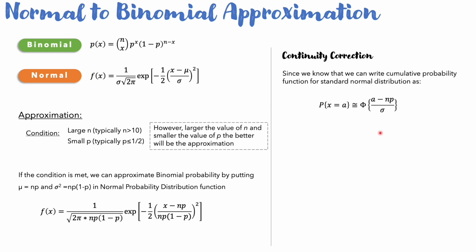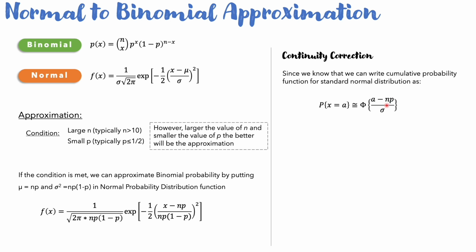You know this formula, right? This is the standard cumulative probability function for normal probability distribution, here in the general one it is actually x minus mu over sigma, right? But when we are estimating the probability for the value of x equal to a, then we replace x with a here.